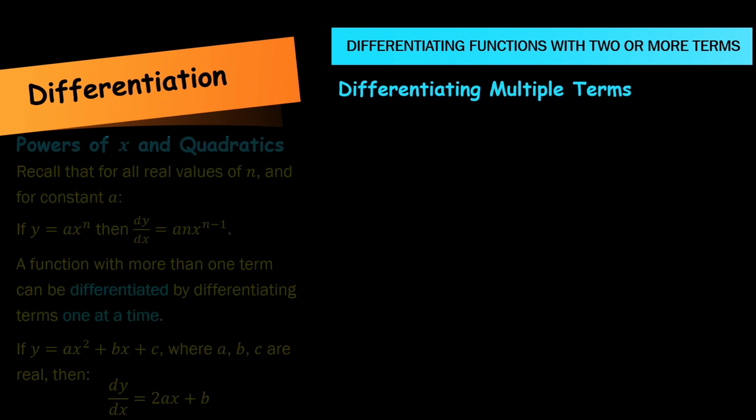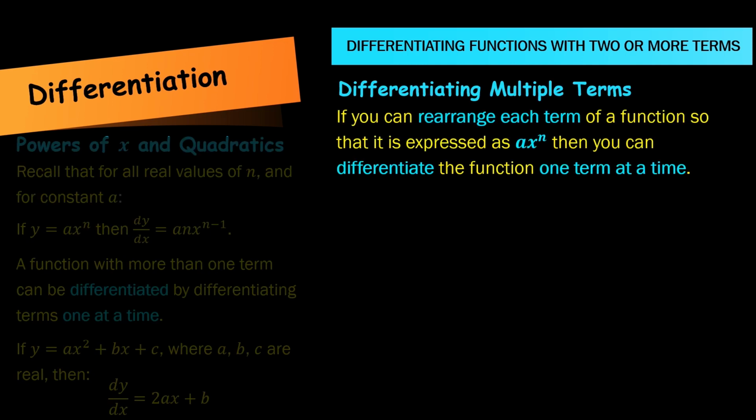How do we differentiate multiple terms? If you can rearrange each term of a function so that it is expressed as ax to the power n, then you can differentiate the function one term at a time.